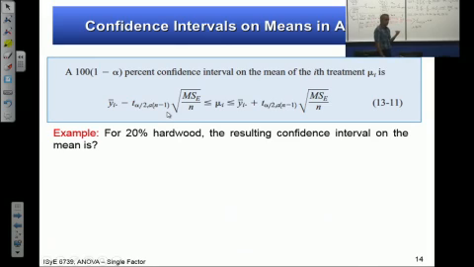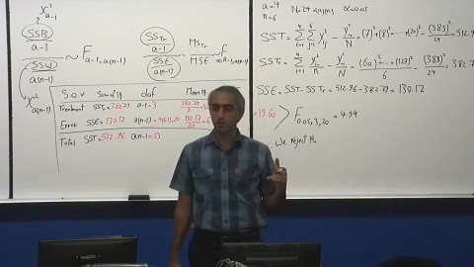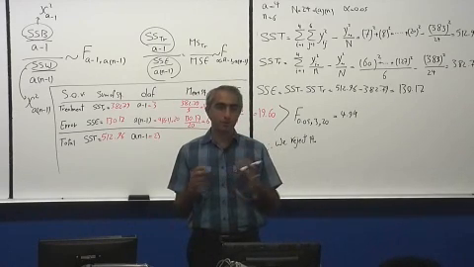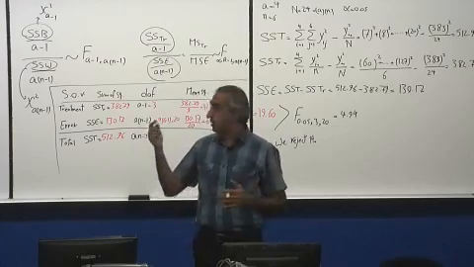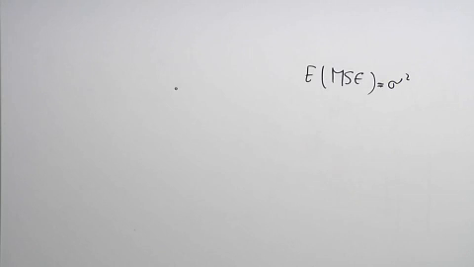What is the degrees of freedom? A times (n minus 1). And MSE, actually this is important. MSE is an unbiased estimator for sigma squared. This is always true, whether H null is true or not. So whether the mu's are different or not, MSE is an unbiased estimator for sigma squared.